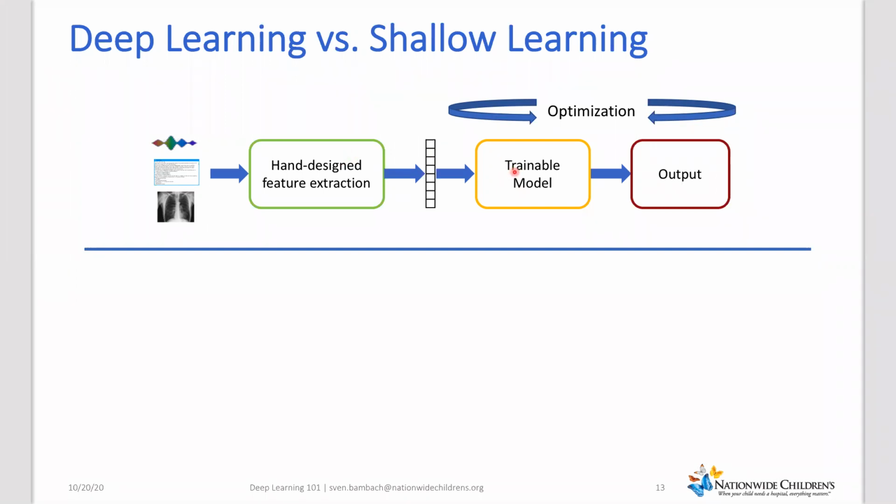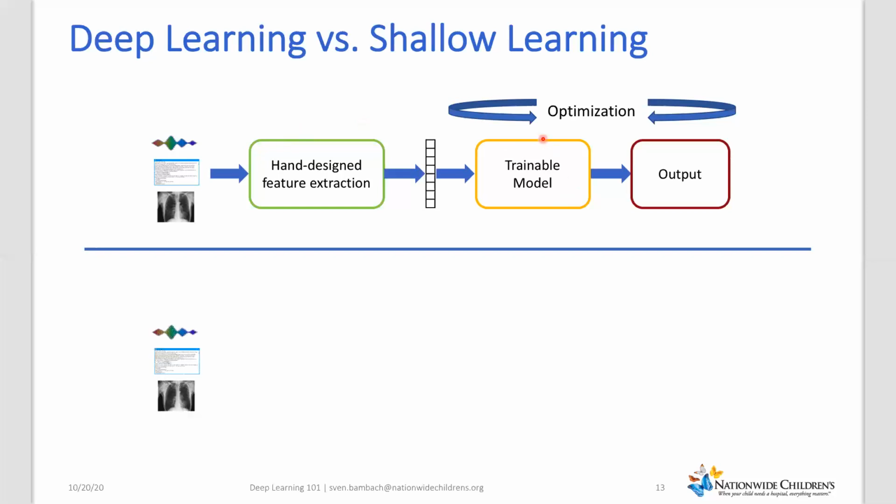In this traditional workflow, however, because these features that you extract from the data are hand engineered, based on your expert knowledge, there's not really any optimization that happens here. You have to rely on the features that you came up with. The only optimization happens between the output and the features that you define. In other words, if your features are garbage, your model cannot possibly make up for it, right? There's no magic that can happen here.